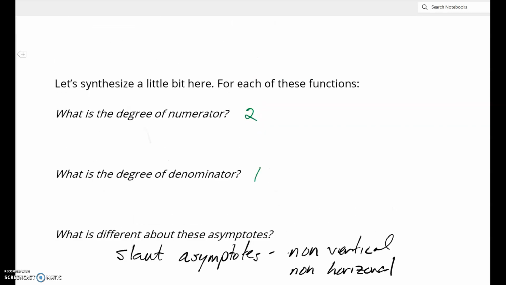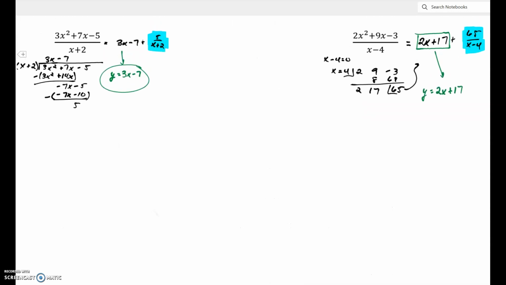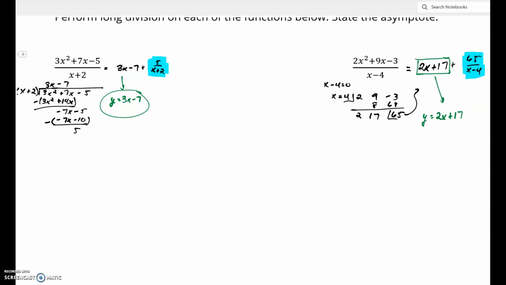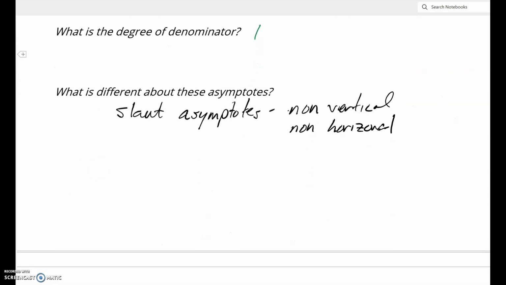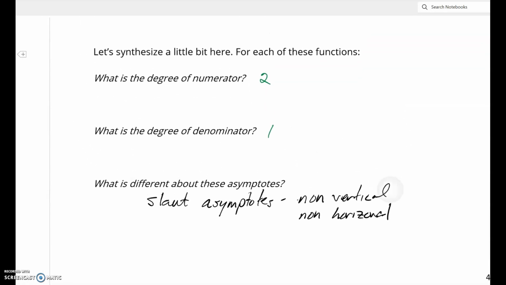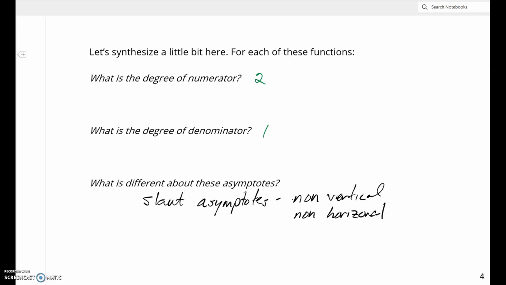So we can see that we can have rational functions that have asymptotes that are slanted. Slant asymptotes are very common. Another word you might hear them called is oblique asymptotes, but really, we normally just call them slant asymptotes. Important to note here, we notice that the degree of the numerator was higher than the degree of the denominator, and that gave us slant asymptotes.